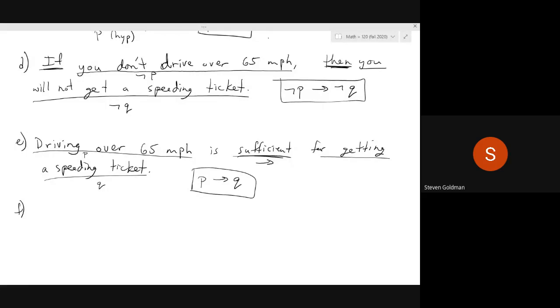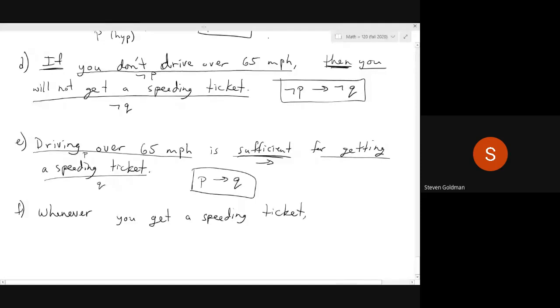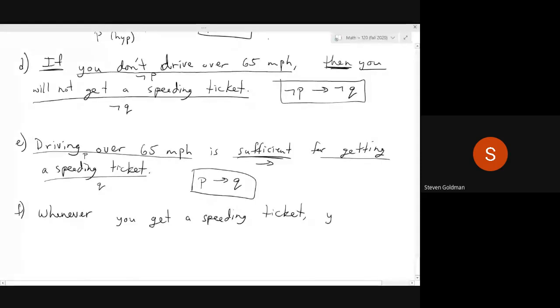Okay, and let's do one more. Let's say I tell you, whenever you get a speeding ticket, you are driving over 65 miles per hour.